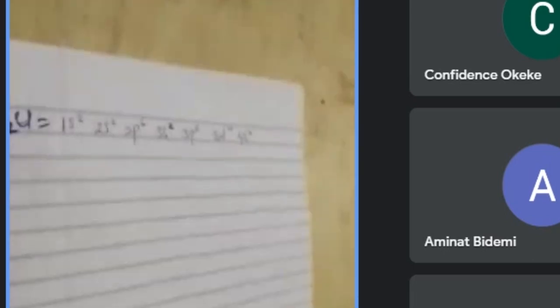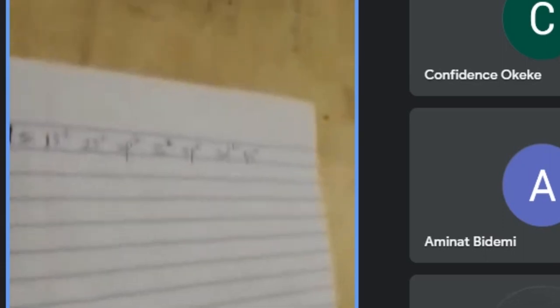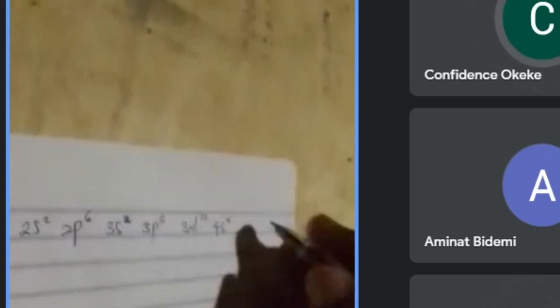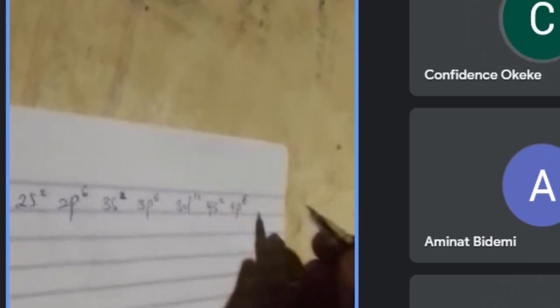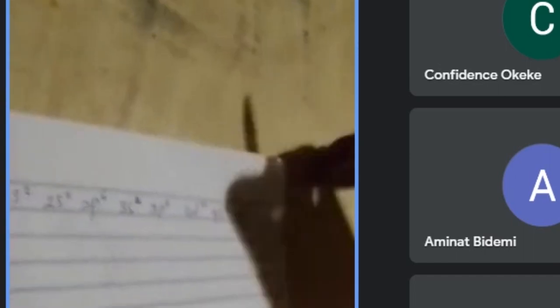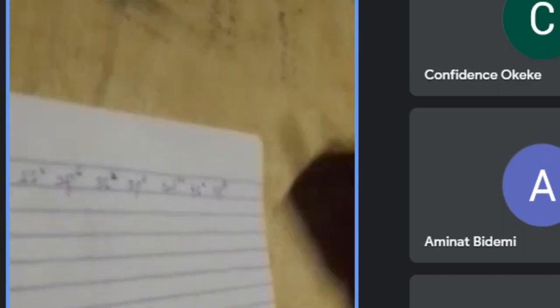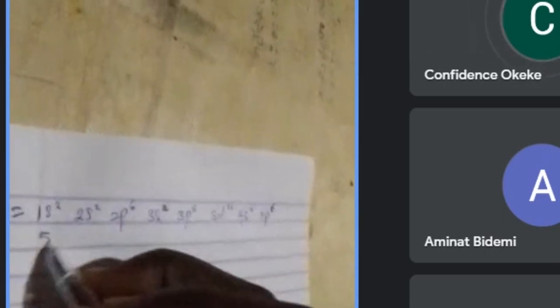I should not hesitate to fill that as 3d10 because I know it cannot stop at 3d. What's the calculation here? 30, thank you. After my 4s, I have 4p6. After 4p6, I jump to 5s, but I'm leaving the space for 4d and 4f, as in the energy level order. So after 4p6, I'm going to 5s2.